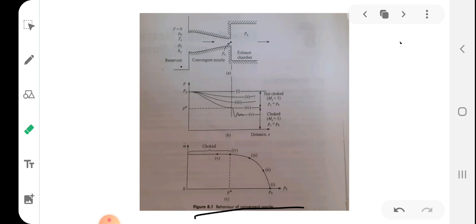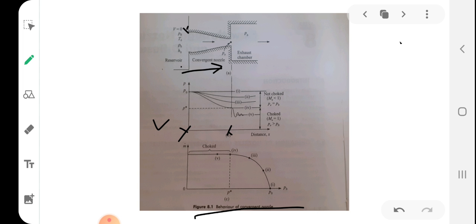To begin with, you can see a figure here. This graph is nothing but pressure versus distance, along the length of the nozzle. Distance x equal to 0 means the reservoir or inlet, and this particular distance is the exit plane.